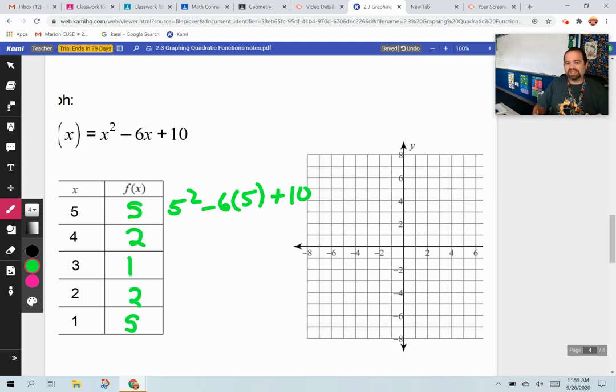You should see some repetition in these. That's why they curve back and kind of go backwards. So graphing these, (5, 5) is up here. (4, 2) is there. (3, 1) there. And then (2, 2). And (1, 5).